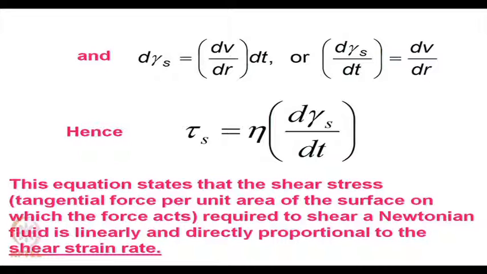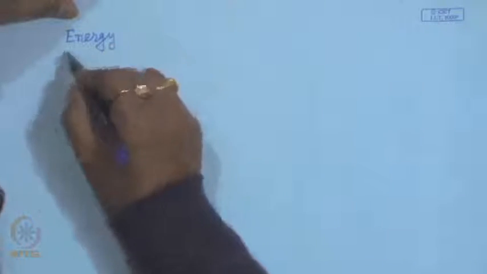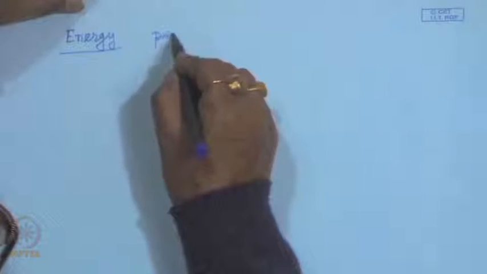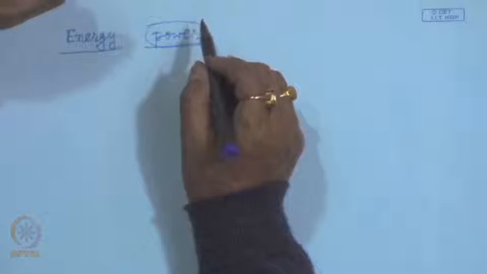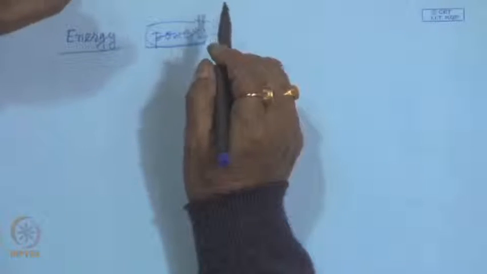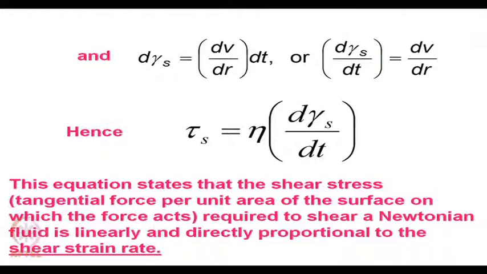That means, one can have an estimate of the energy or mixing power of the mixing machine, the power of the motor, that is related to this tau s equal to eta into the strain rate d gamma s dt.